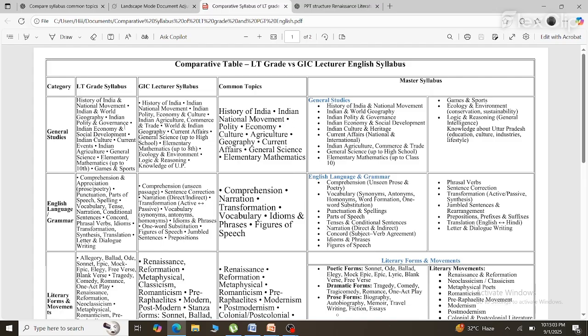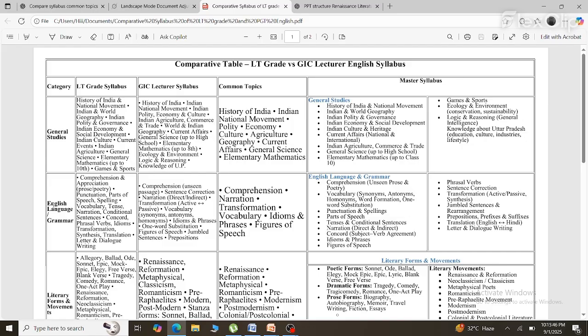See, the very first row deals with the syllabus of general studies, which is a common subject, and will be asked for the aspirants of LT grade as well as lecturer grade. So this master syllabus has included both the syllabus and all the topics.